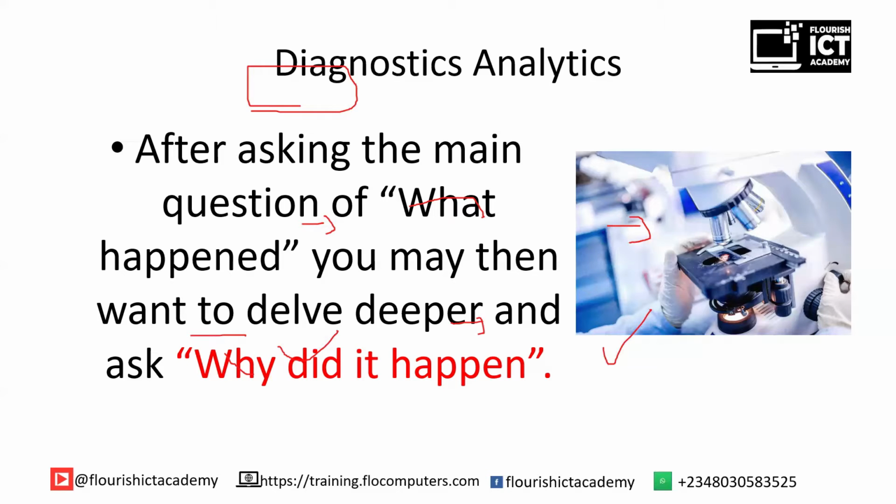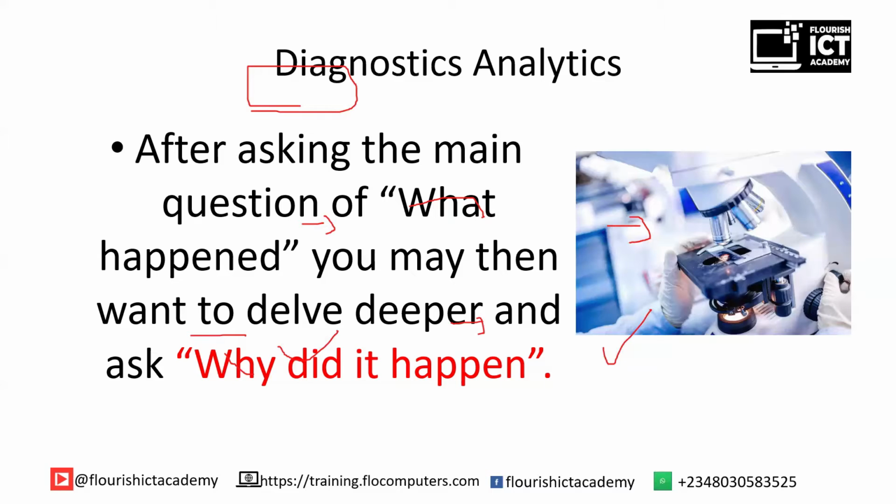The first question has helped you to know what happened. We have a sales drop in the second quarter of the year for a particular business. That is the first one. You look at their data, and from the data that you have, you look at the sales record, maybe the first, second, or fourth quarter, and then you could see that. That is descriptive analytics. What happened?